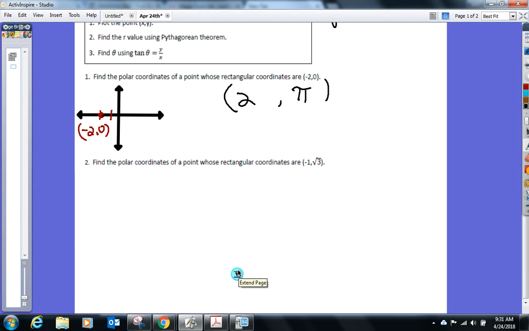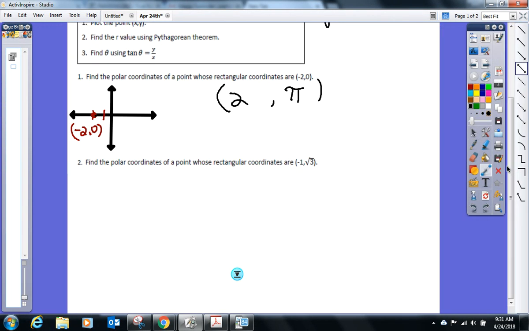Now put into polar -1, radical 3. Big thing, I need you guys to know what quadrant we're in. I need you to know that. So if I go -1, radical 3, think about it. What quadrant would I be in on the rectangular grid here? -1, +3. 2.